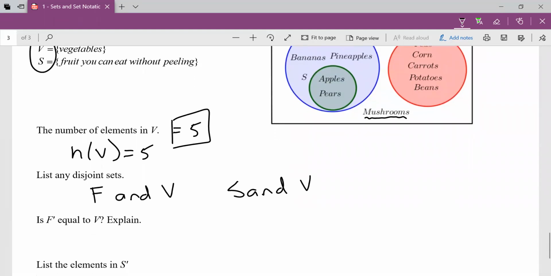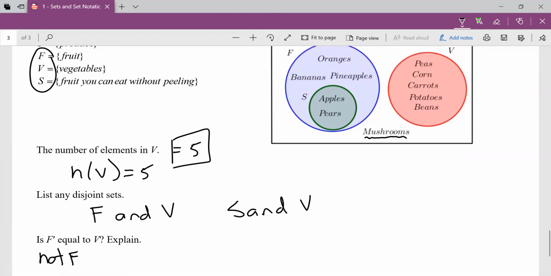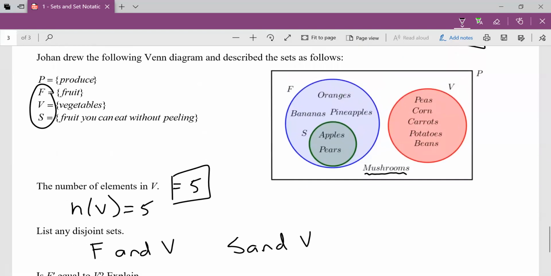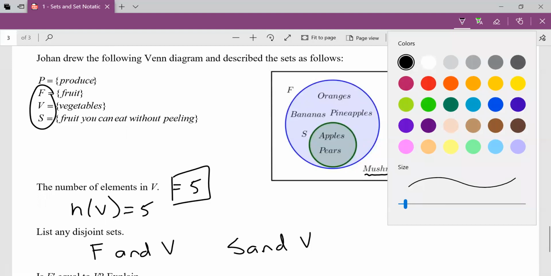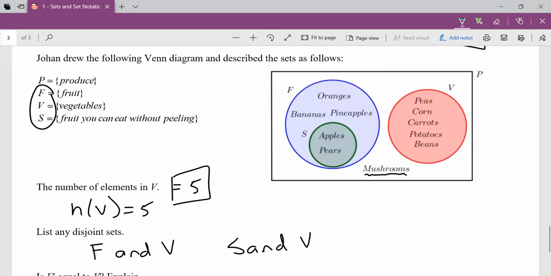Is F prime, so not F, equal to V? Is not F equal to V? When you get these questions about nots, the easiest thing to do is say, look, here's F, right there.